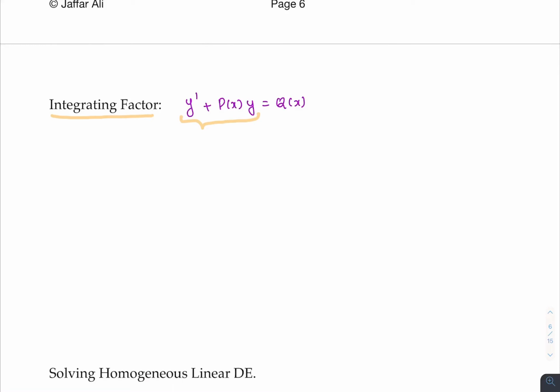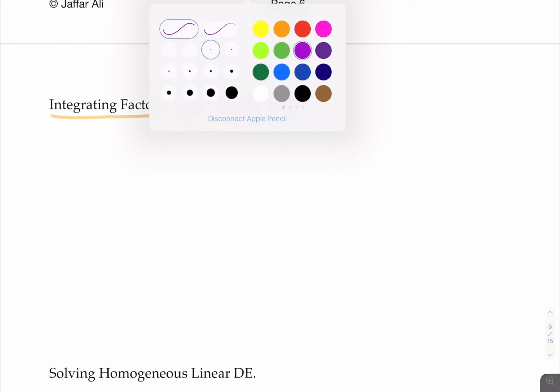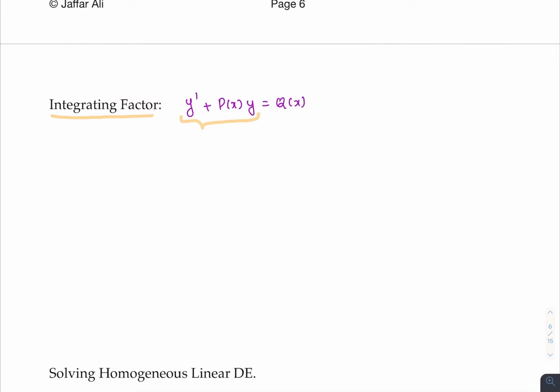So how do we do that? To do that, let's not worry about the non-homogeneous one. Let's take a look at the very simple homogeneous version of it, which would be y prime plus p of x times y is equal to 0, right? So again, the question is, is there something that I can multiply with this that will make it integrable?